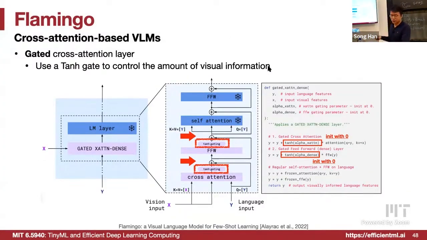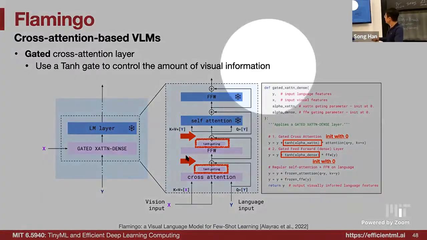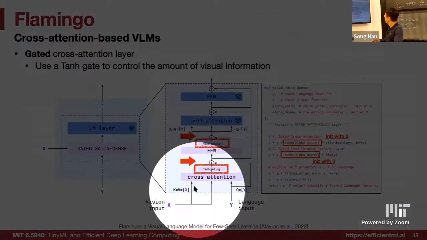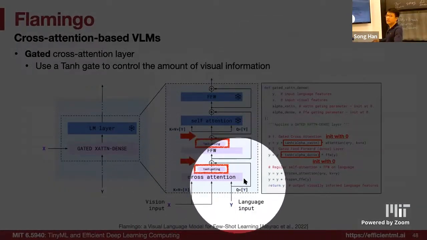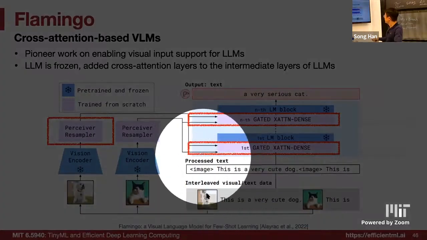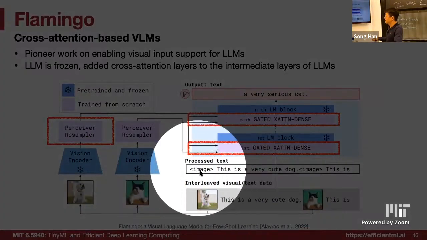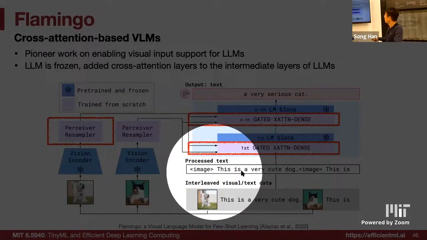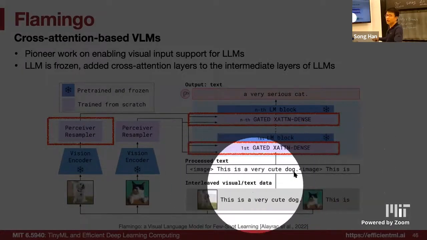And after that, we insert the vision input right here as K and V, and the query is the language input. We're using the same language model. Remember, during the pre-processing, we removed the image itself and passed it into an image in language, and this is the language we feed to the language model.